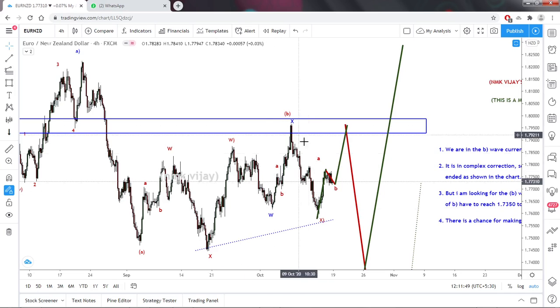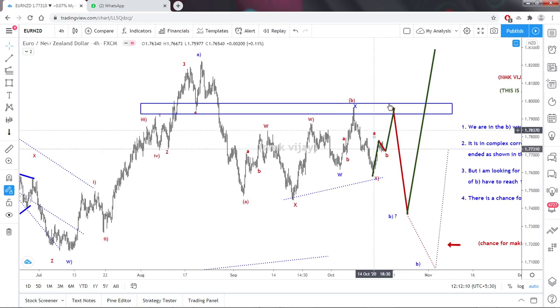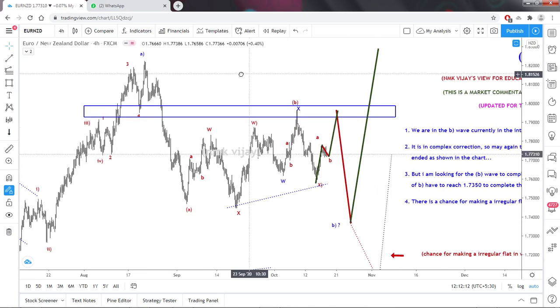So the total correction is an X, and again A. So we are in the B wave. The C wave has to break above this previous high. So whether you are looking for this B wave to catch this wave for the intraday trade setups, or for positional trades, or not for positional, it's not for swing trade.